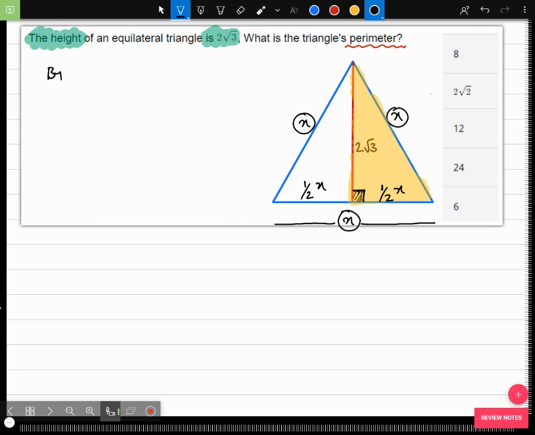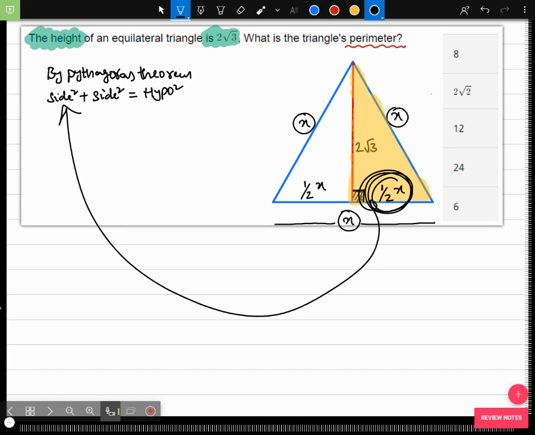So by Pythagoras theorem, side squared plus side squared equals hypotenuse squared. What are the sides?